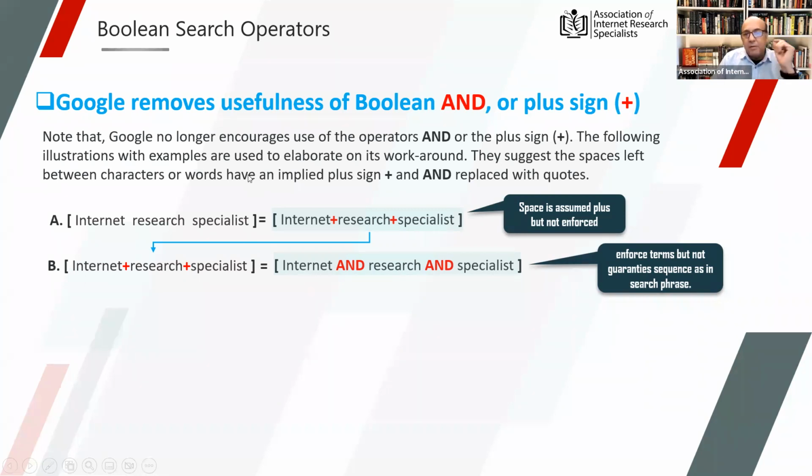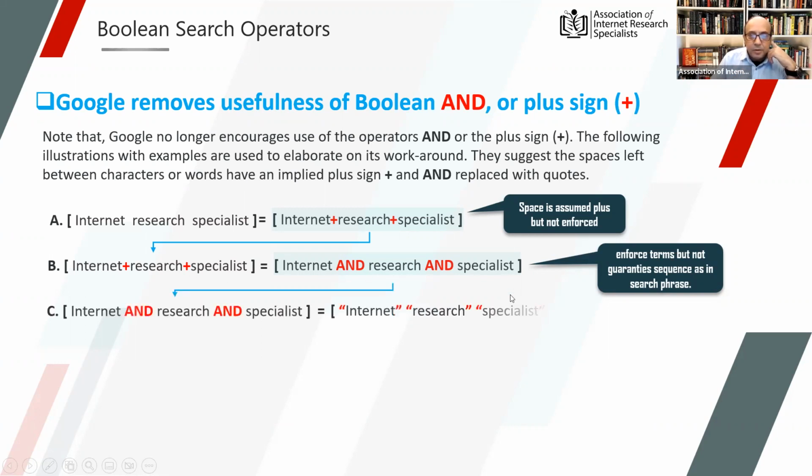So internet can be in paragraph 1 of a content page, research and specialist together could be in paragraph 3, or research could be in another paragraph and specialist in yet another. So they are not connected as if they're sequentially arranged. That is how it is going to look for the search.